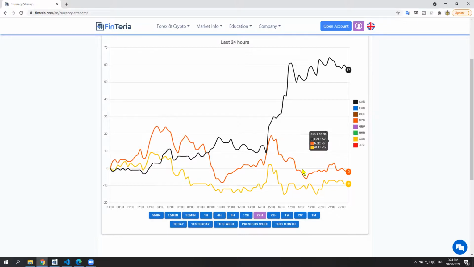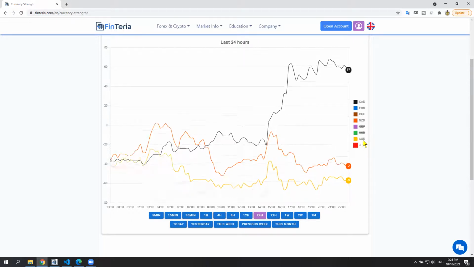For example, there was some correlation between the New Zealand dollar and the Australian dollar. However, you can see that the tendency on the Canadian dollar was different after the news release. On Friday, there was really strong employment data in Canada, and it affected the value of the Canadian dollar. It became much stronger in relation to other currencies.